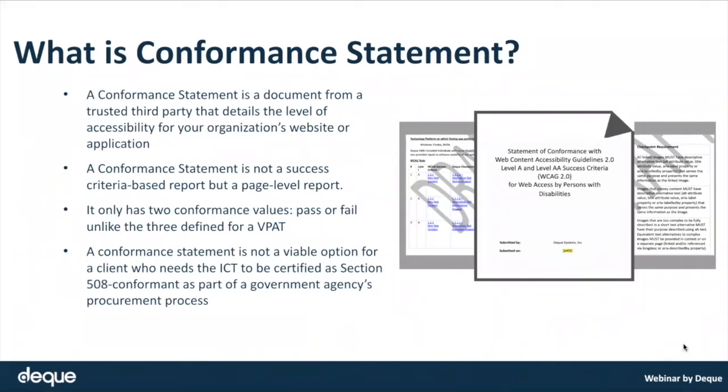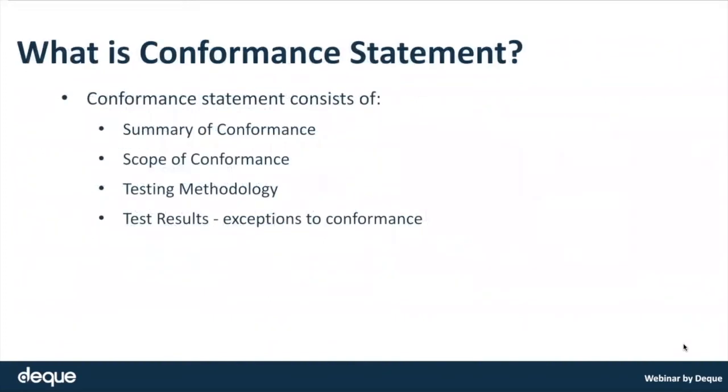Okay, next slide, please. Yes, so conformance statements really consist of a summary of conformance, whether it is conforming or not conforming, and if it is not conforming, which page exactly is not conforming. Then the scope of conformance, the pages that have been tested, the testing methodology, again automated and manual, and test results with the exceptions to conformance.